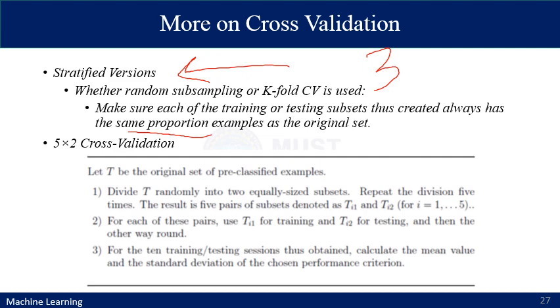So let's say our original set had 33% of examples for each representative class. Stratified versions ensure that your subsamples also contain 33% of each class representative.